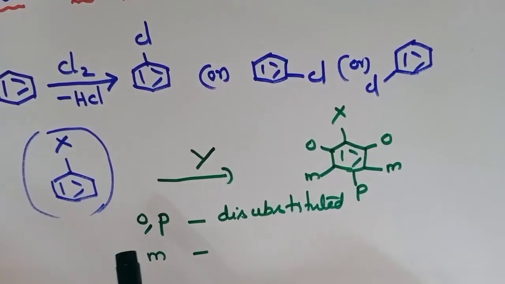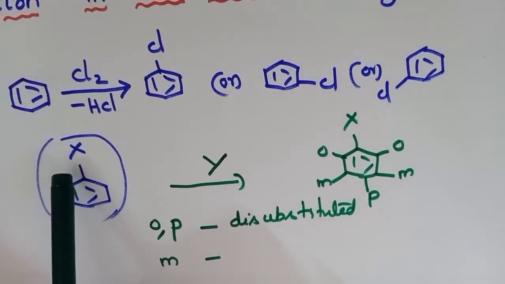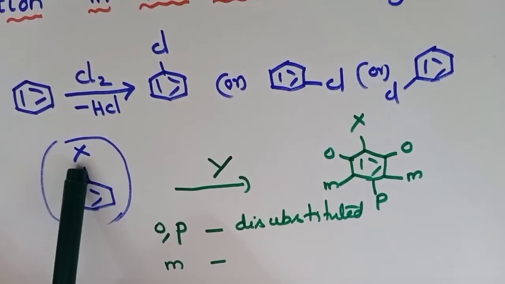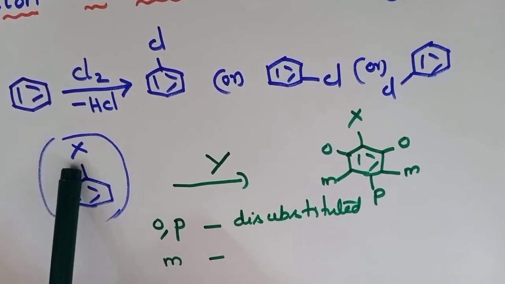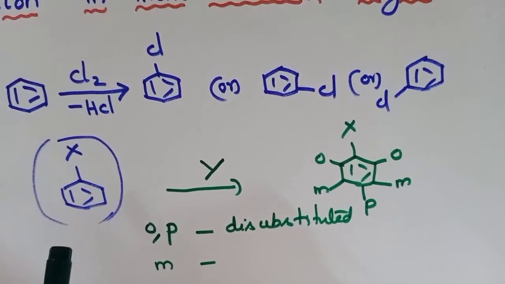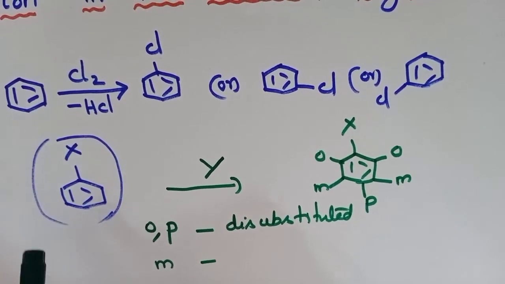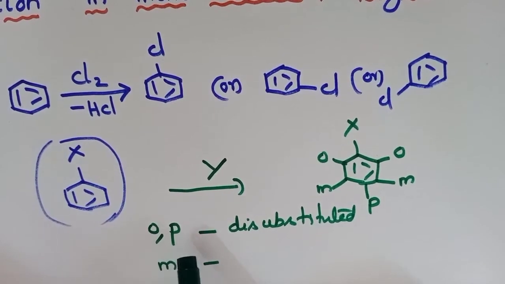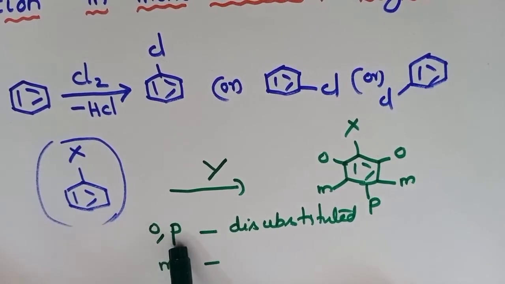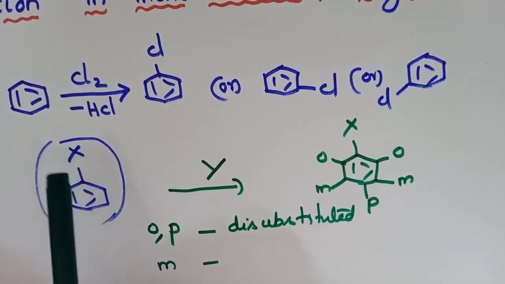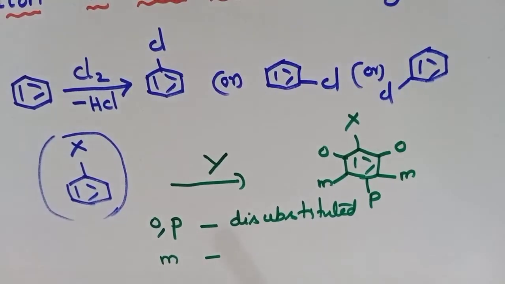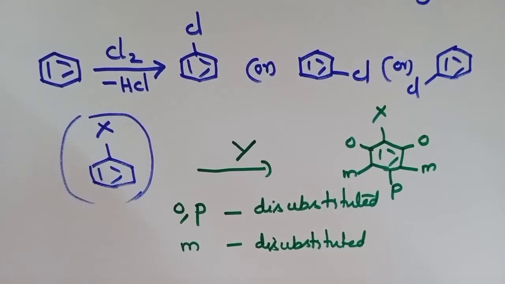This is entirely due to the orientation effect or directing influence of the group or atom already present in the ring. Therefore, if the group directs to the ortho-para position, we call it an ortho-para directing group, and if the group directs to the meta position, we call it a meta directing group.